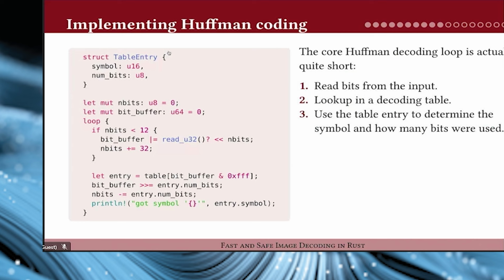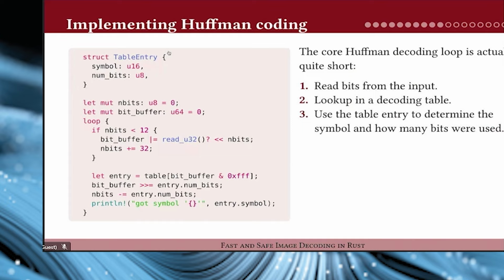But what it's doing is ORing the current value of the bit buffer with a new U32 that we have just read. So we read 4 more bytes of input, and we OR the bit buffer with these 32 additional bits shifted by the number of bits that are currently in the buffer.